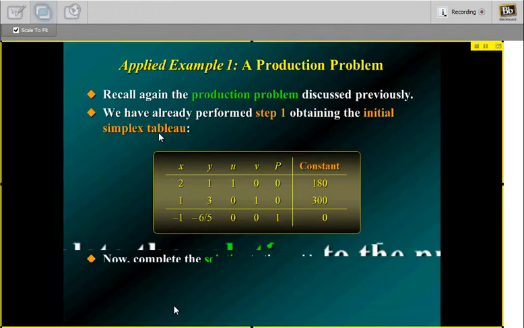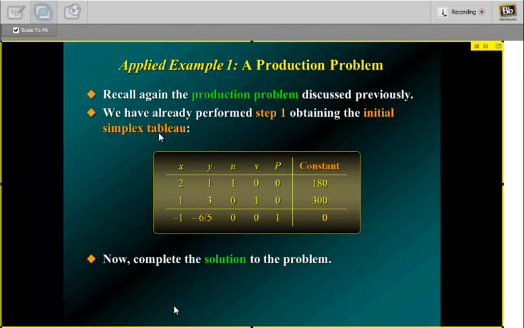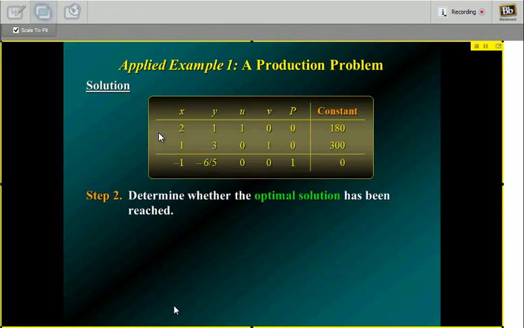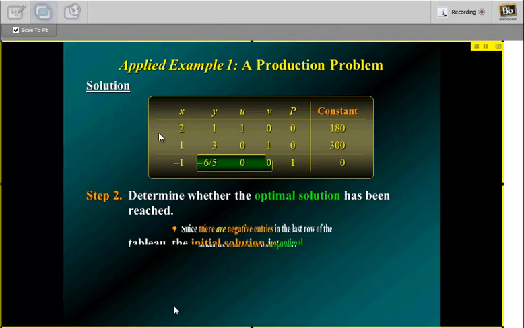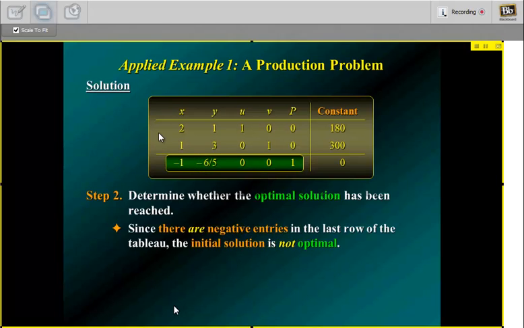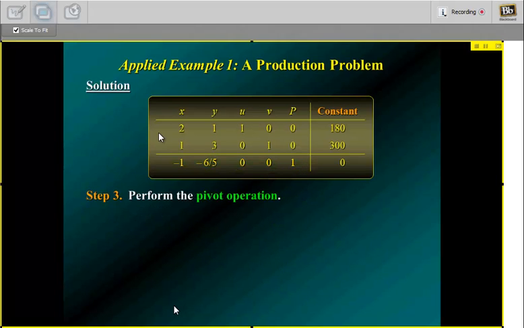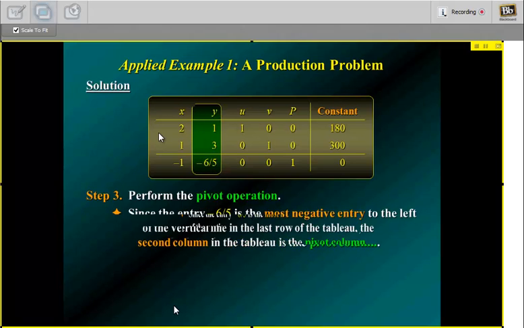Then we will divide it with the solution, and we will write the ratio. So you will find the pivotal row and the pivotal element. Perform the pivotal operation.